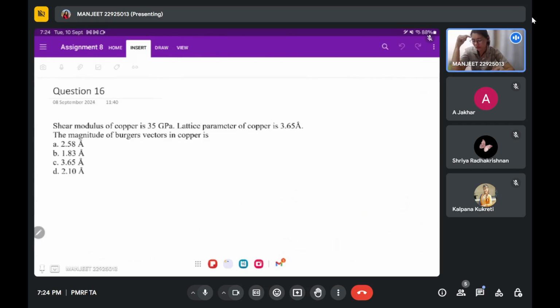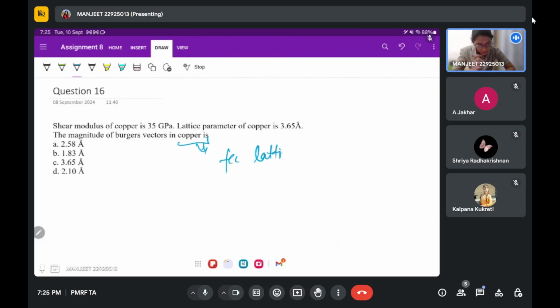So in this question, the shear modulus of copper is 35 gigapascal. The lattice parameter of copper is 3.65 angstrom, and we need the magnitude of the Burgers vector in copper. Because copper exists in the FCC lattice, the Burgers vector will be a by 2 of 110.